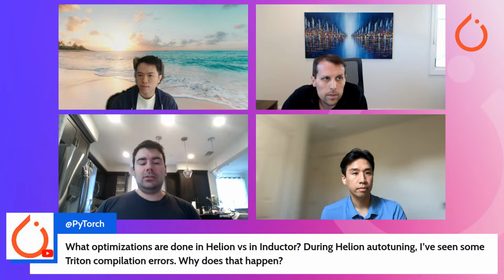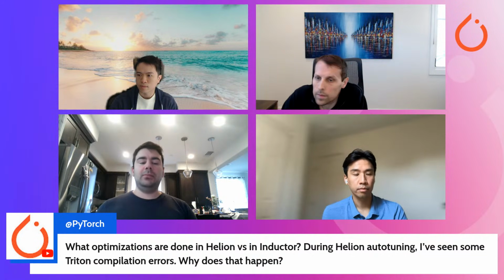What this means is that Helion is able to generate so many different variants of Triton kernels that not all of these kernels are supported by the Triton language by default. So as we discover these unsupported kernels, we create reproductions and share them with the Triton team, in order to improve Triton's front end so that we can support these kernels.